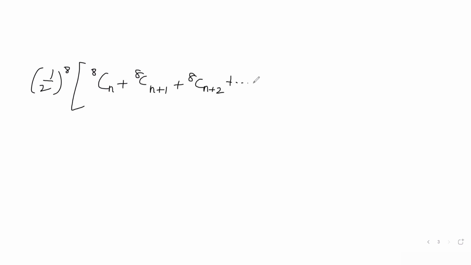Since (1/2)^8 is common, you are left with 8Cn plus 8C(n+1) plus 8C(n+2) and so on till 8C8, and that is less than half.